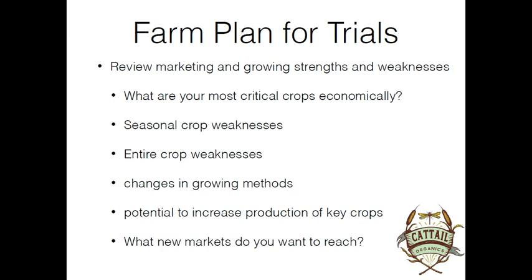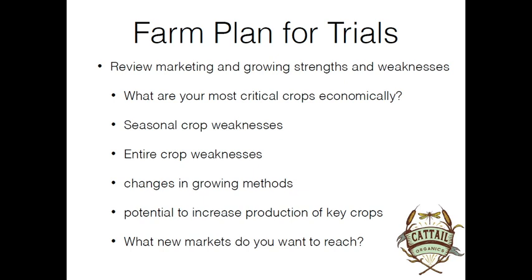So Kat is a CSA farmer, and in her variety trials, she asks herself a series of questions before deciding what to trial and what to focus on. She looks at the markets and the strengths and weaknesses that she has within her offerings already. So what are the most important crops economically?